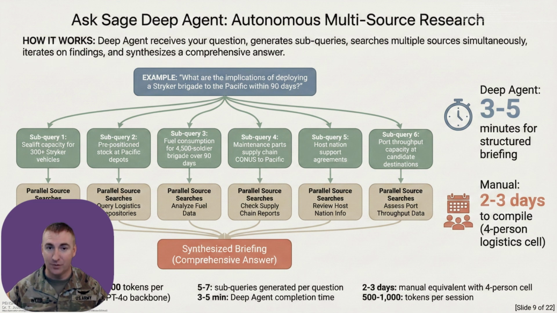It searches multiple sources simultaneously and synthesizes a structured briefing, 3 to 5 minutes versus 2 to 3 days with a 4-person logistics cell. And the reason Deep Agent can reach all those sources is one protocol.